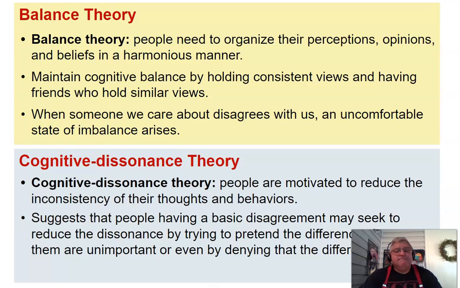Cognitive dissonance theory, this is a real common or well-known theory. People are motivated to reduce the inconsistency of their thoughts and behaviors. It suggests that people having a disagreement may seek to reduce the dissonance by trying to pretend the differences between them are unimportant, or even by denying the differences even exist.